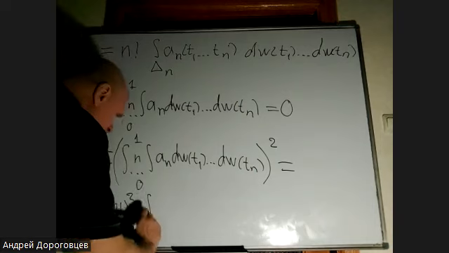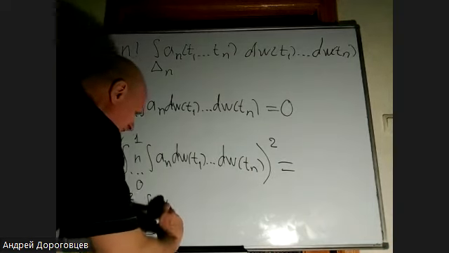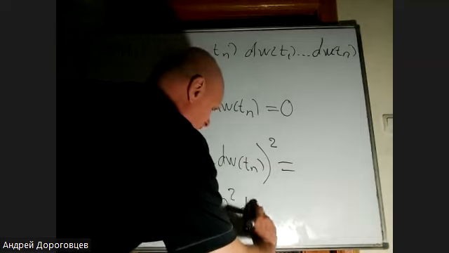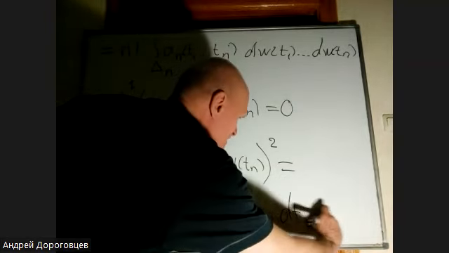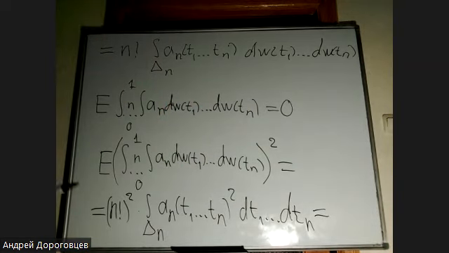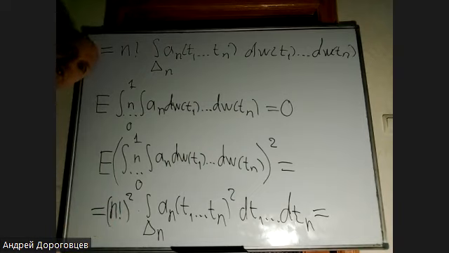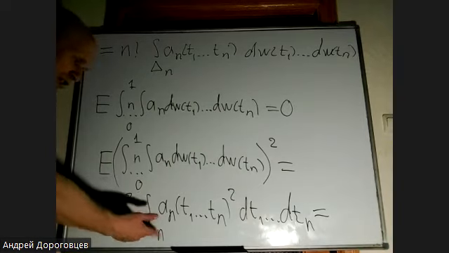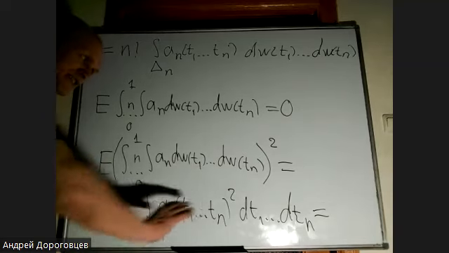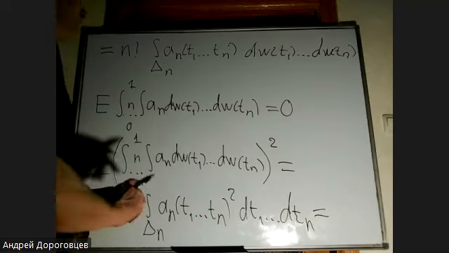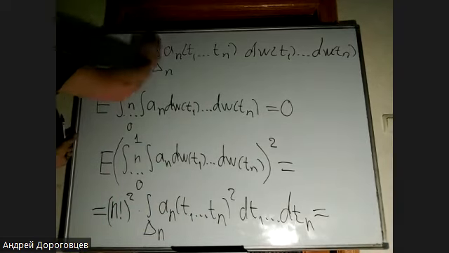And finally, we get the formula: the integral over the simplex Delta_n of a_n(t1,...,tn) squared dt1 ... dtn. And now let's continue calculations because we remember that this function is symmetric over all permutations. So I can substitute this integral over a simplex by the integral over the cube, just taking 1 over n factorial, because integrals over all simplices of these expressions are equal. So we have n factorial of such integrals equal to the integral over the cube. Finally, we get the following expression.